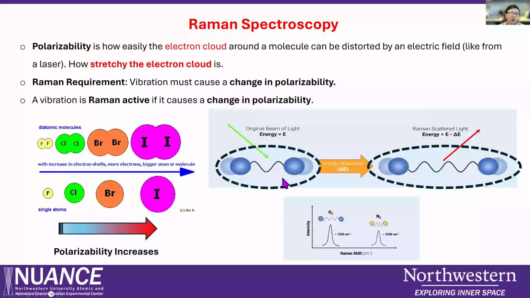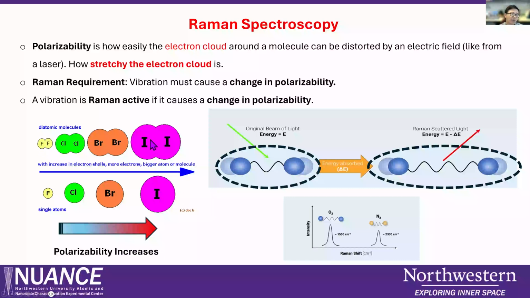So for Raman, what do we detect? For IR, we detect the dipole moment. For Raman, we often talk about the polarizability. What does this terminology mean? It means how easily the electron cloud can be distorted. For example, take fluorine and iodine. For fluorine, the electrons are close to the nucleus and tightly bonded, so the electron cloud is not easily distorted.